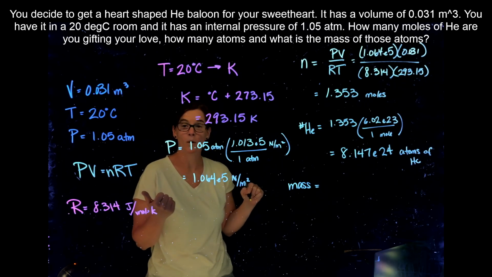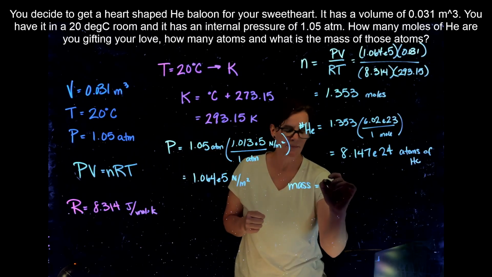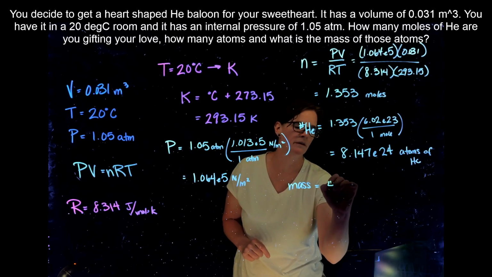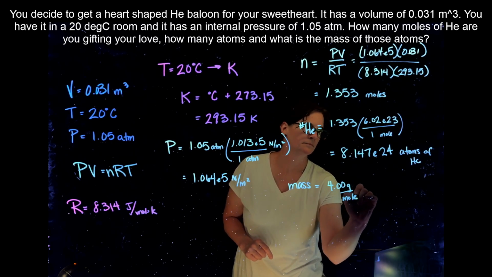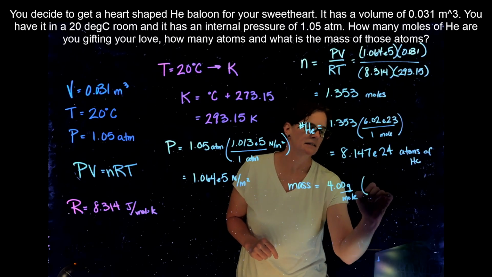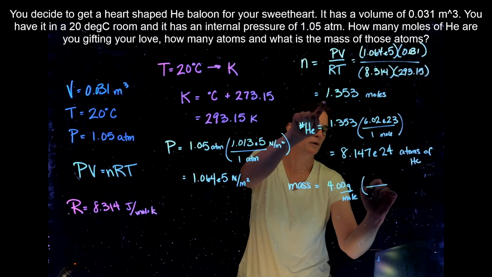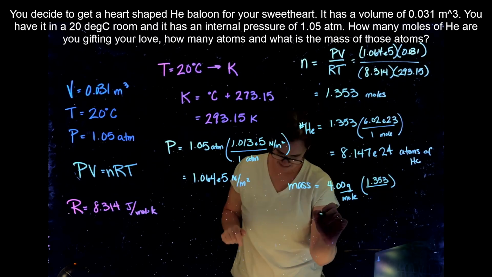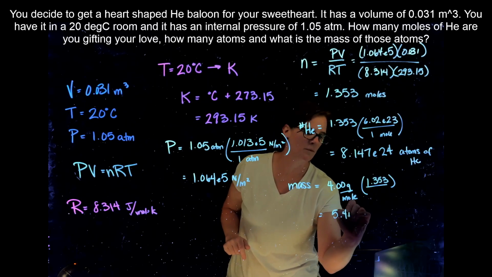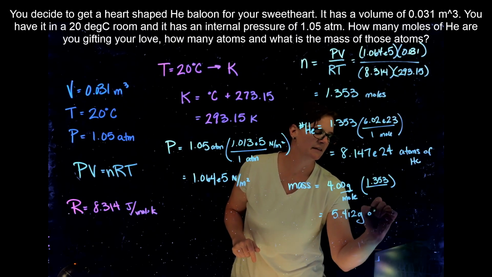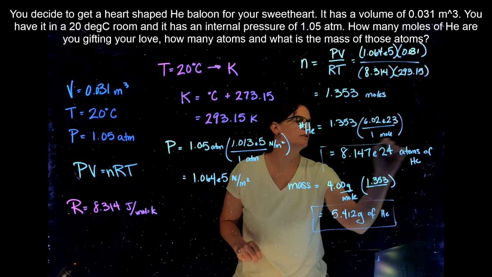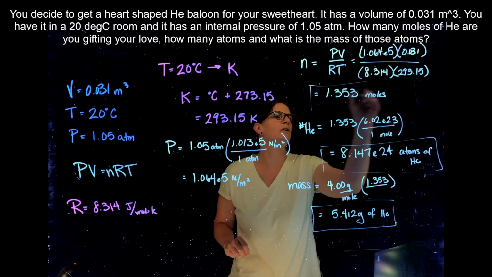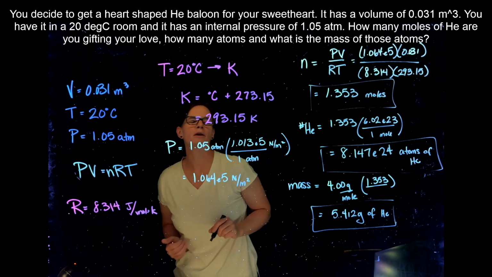So the atomic mass of helium is 4.00 grams per mole times 1.353 moles, and I get 5.412 grams of helium that I am giving to my sweetheart in the form of a heart-shaped Mylar balloon.